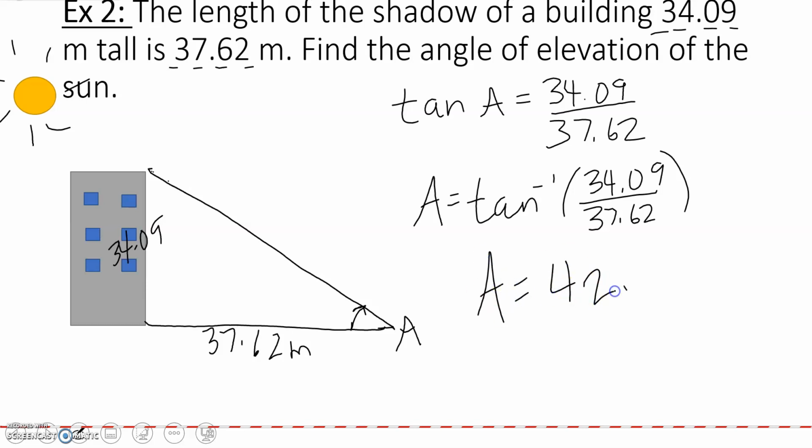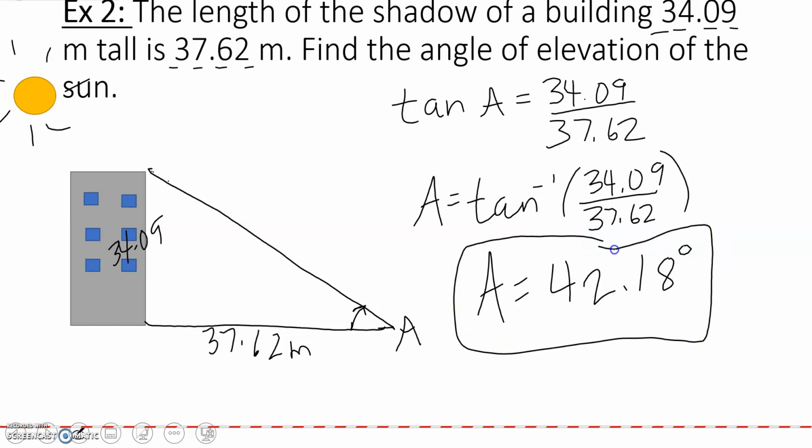And I get 42.1818299999. But I want 4 significant digits, so I will stop after the 8. So the measure of angle A will be 42.18 degrees. Remember that A was our angle of elevation that we were looking for. We will stop right there. That is our final answer.